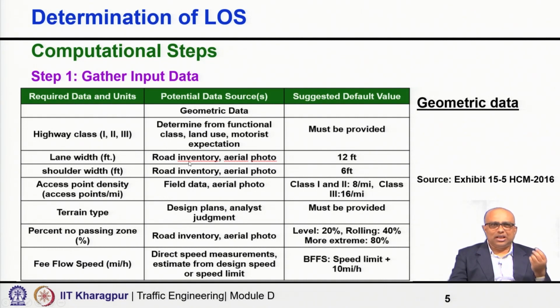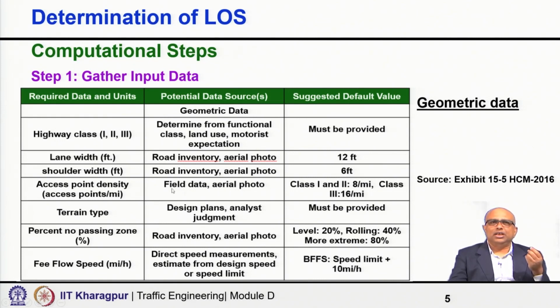Lane width we can get from road inventory or aerial photograph. You may also assume a default value of 12 feet if nothing is given. Shoulder widths we can measure based on road inventory or aerial photo, or you may assume a default value of 6 feet.